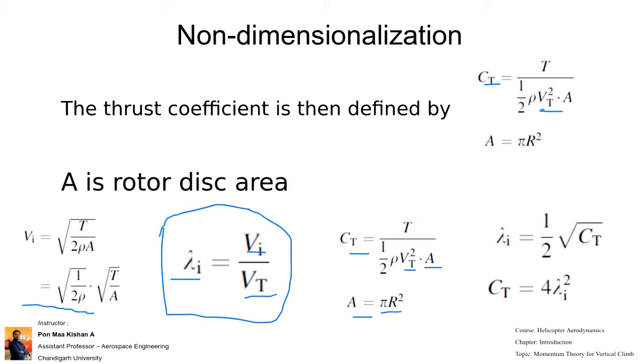So for lambda, we just have to substitute the known values. Either we can calculate Vt from here and substitute over here. Vi is already calculated. If we cross check each parameter, we will get Ct is equal to 4 lambda I square. So that is the coefficient of thrust.